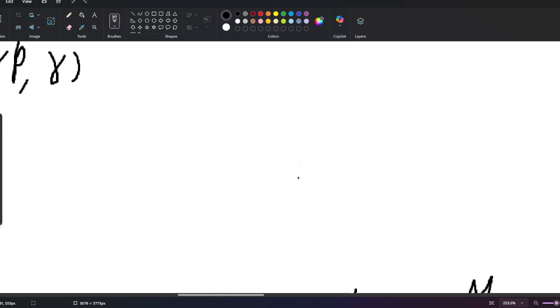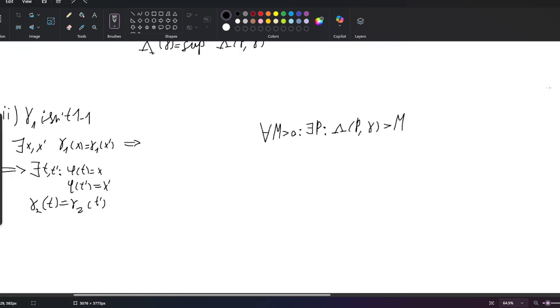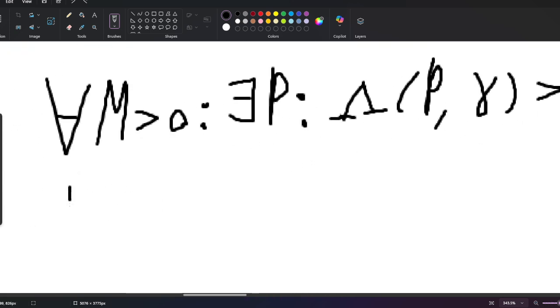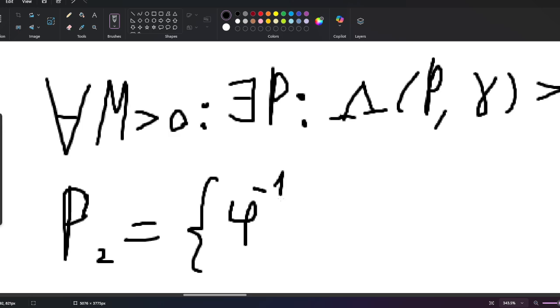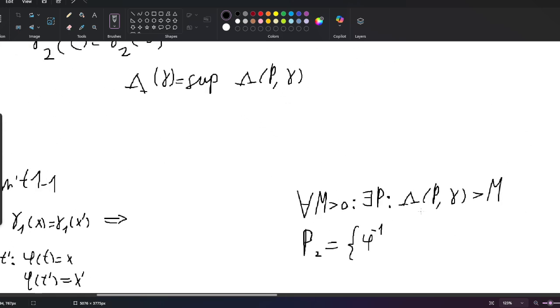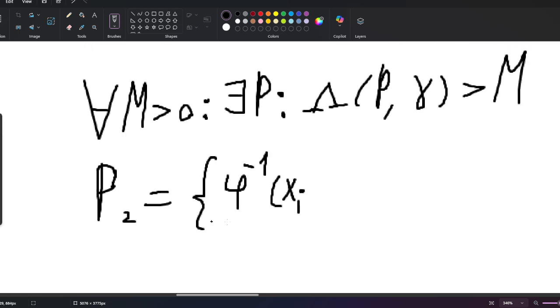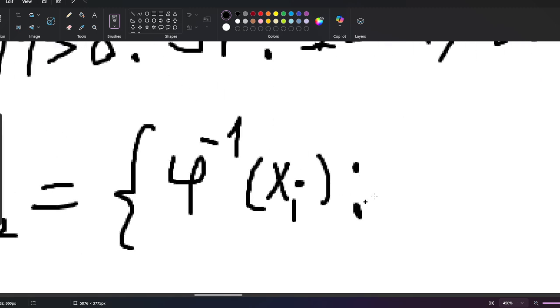Now this implies that the supremum is plus infinity, so it's not going to be a rectifiable curve. Now let's define partition 2 through the means of taking the inverse of phi. Recall how it's 1 to 1 and onto, therefore there exists an inverse of it. And it's going to be phi inverse of x i for every x i.